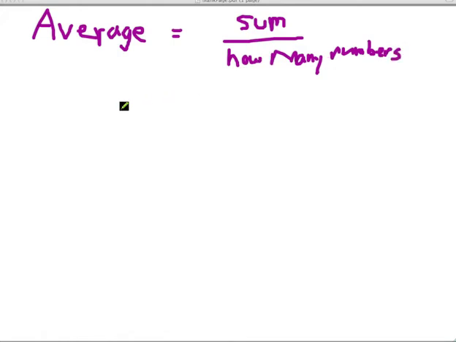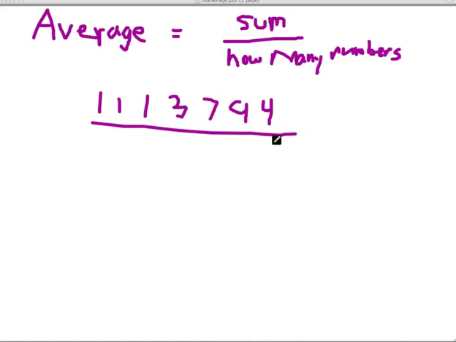Okay, so if you had, say, let's say the numbers 1, 1, 1, 3, 7, 9, and 4, the average of these numbers would be first the sum. So let's add them together real quick. 1 and 1 is 2, and 1 is 3, 3 and 3 is 6, 6 and 7 is 13, 13 and 9 is 22, 22 and 4 is 26.